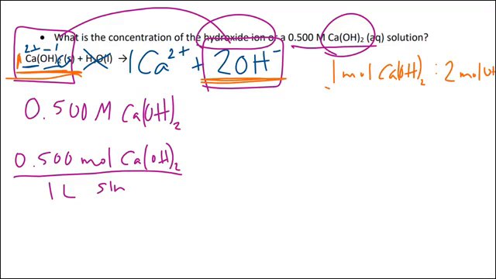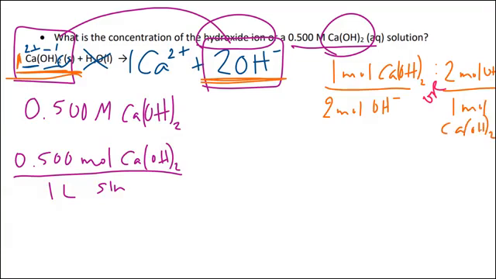And so therefore, for every 1 mole of those, there's 2 moles of OH⁻, or I would use 2 moles of OH⁻ over 1 mole of Ca(OH)₂. So it's going to be one or the other.